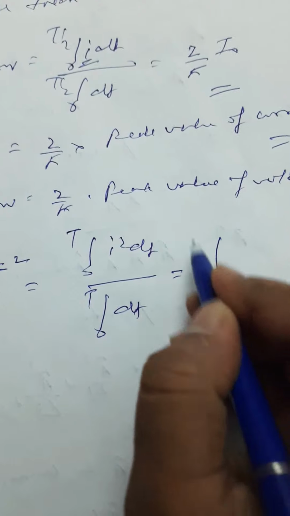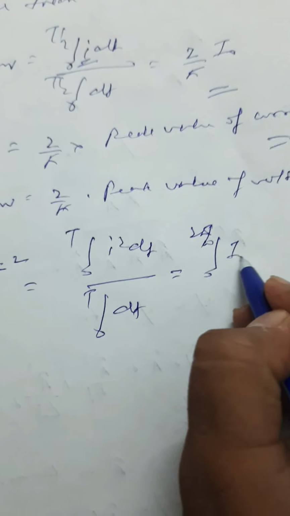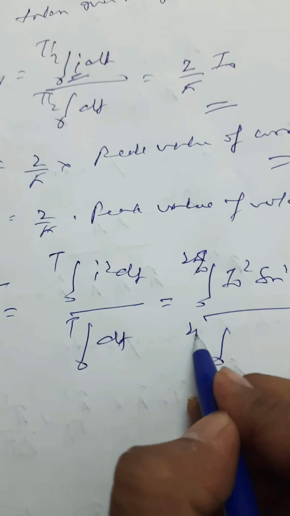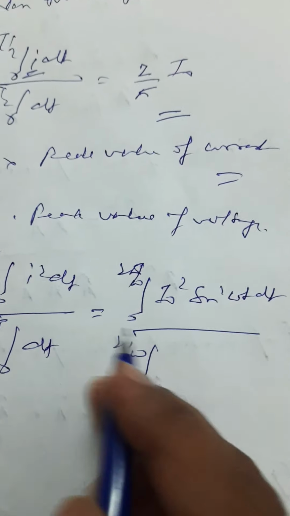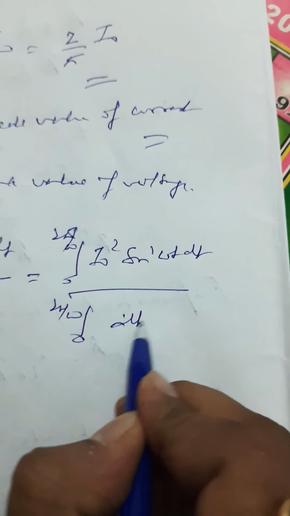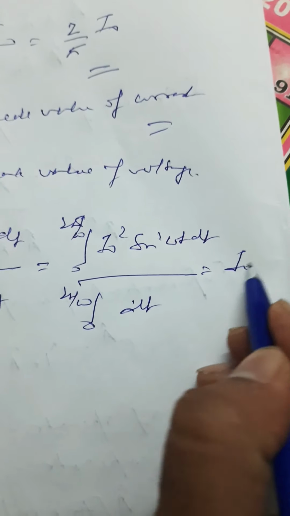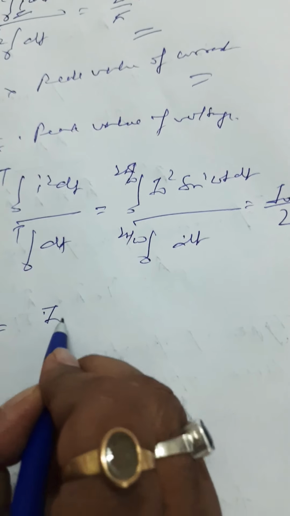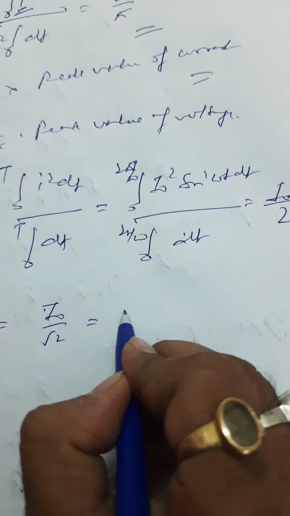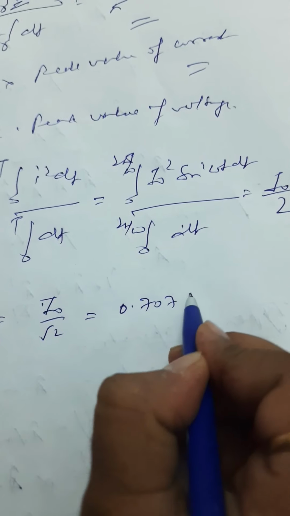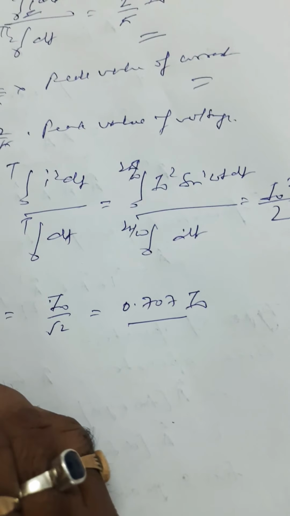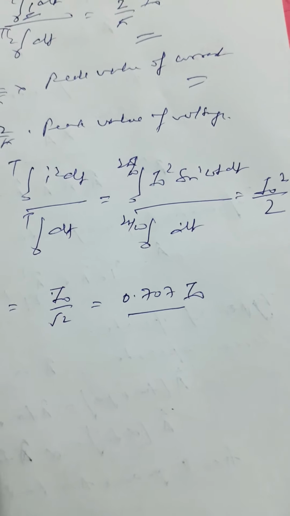Again, substituting the value, integral 0 to 2 pi by omega of I naught square sine square omega t dt by integral 0 to 2 pi by omega of dt, which comes to be I naught square by 2. So the square root of this will be I naught by root 2, which is 0.707 into I naught. So this is the root mean square current.